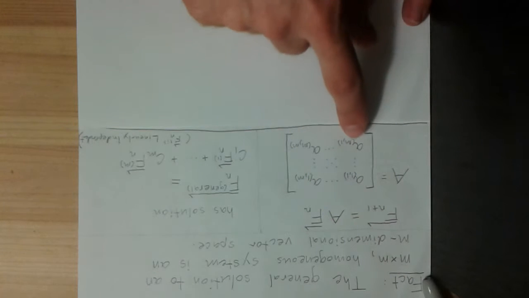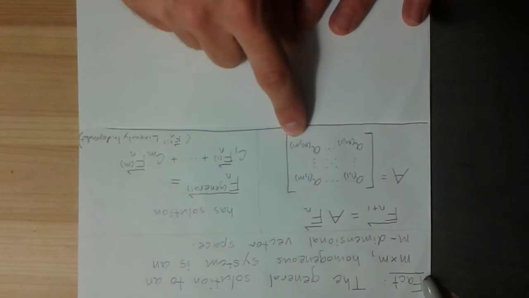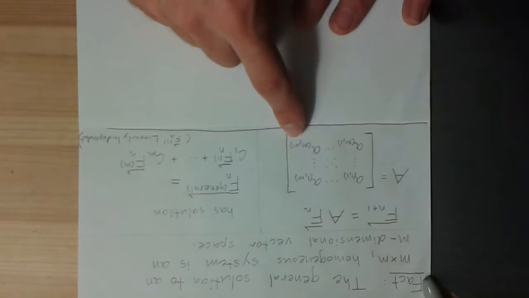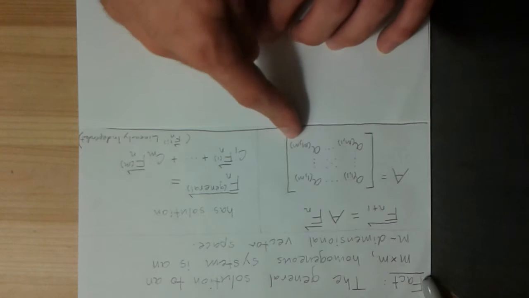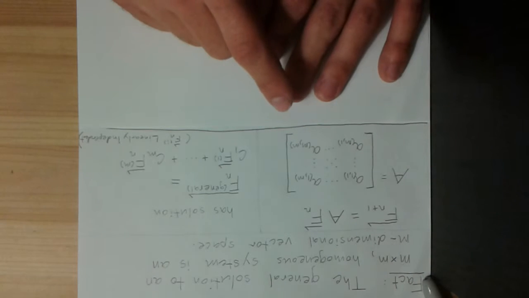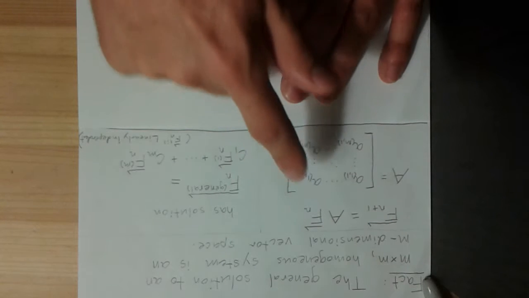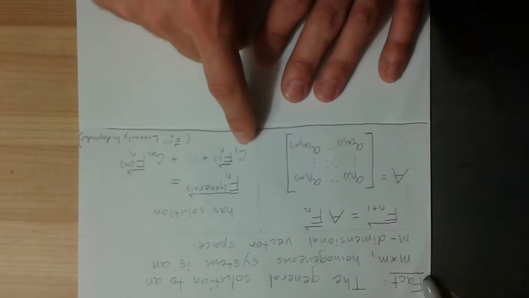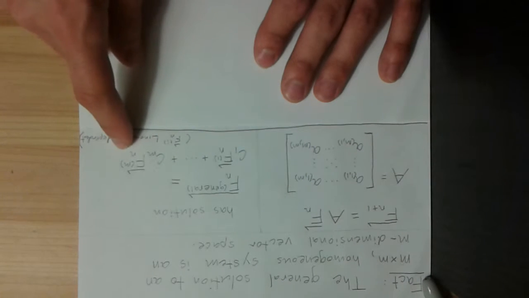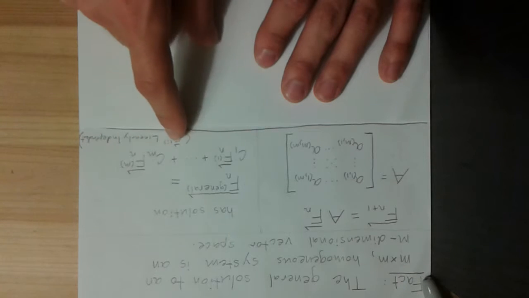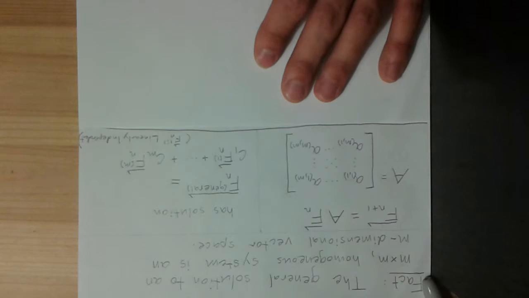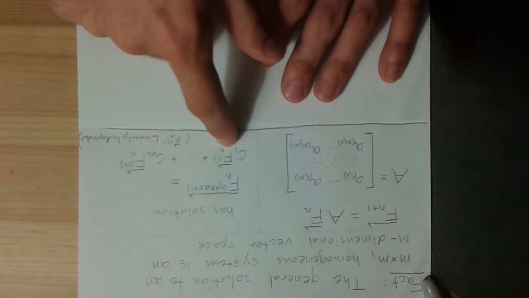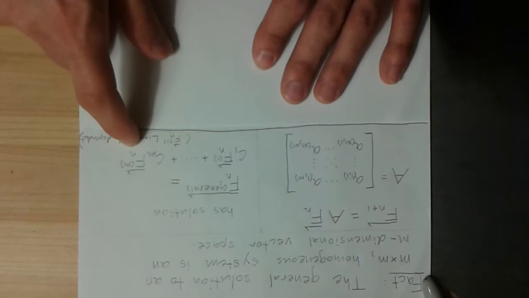A is a matrix, and it's a square matrix with m rows and m columns. And so what this is telling us is that the general solution, f of n, is just going to be a linear combination of m different particular solutions, f1n all the way through fmn.